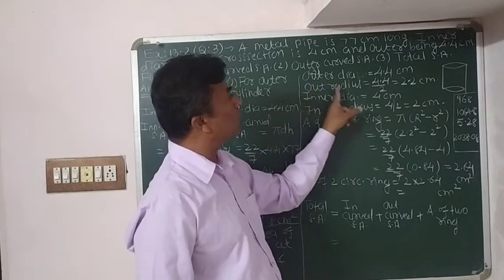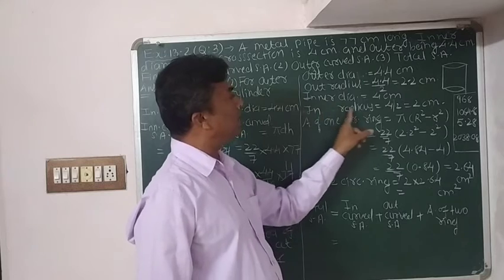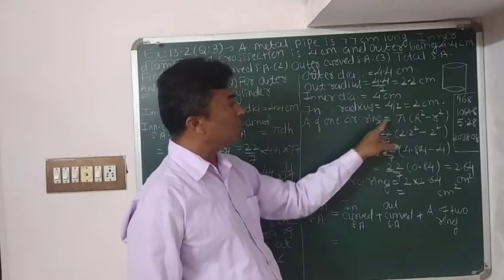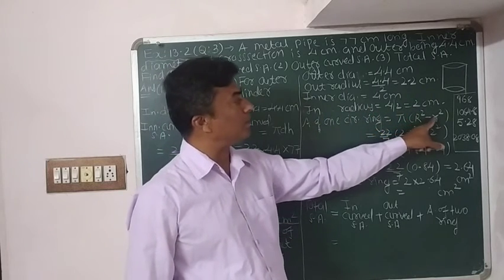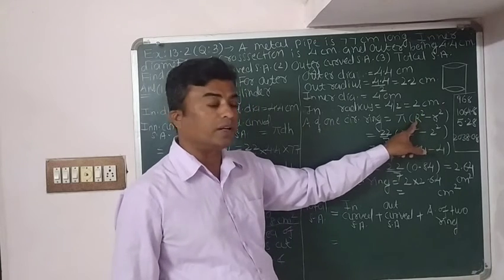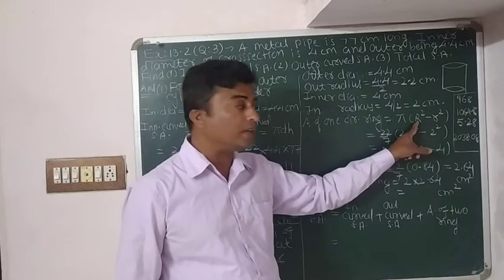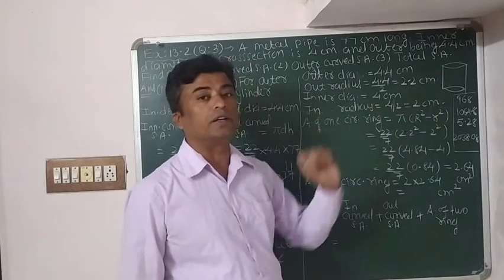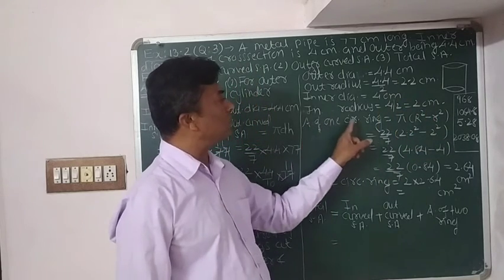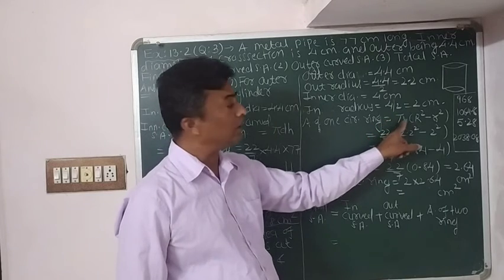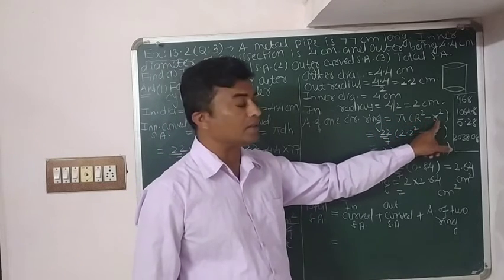So see children, here outer radius is 2.2 and inner radius is 2 centimeter. Capital R is the outer radius and small r is the inner radius.